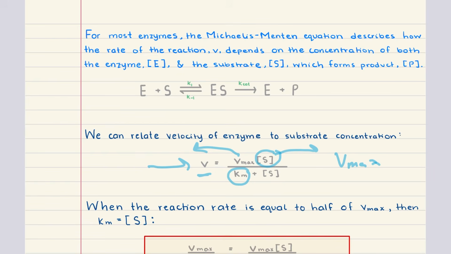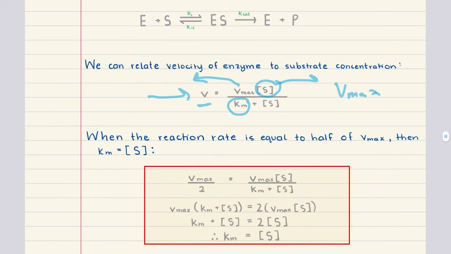Now, one of the most important concepts from this equation is Km. Km is defined as the substrate concentration at which the reaction rate is equal to half of Vmax. So if you graph the reaction rate versus substrate concentration, Km is the x value where the enzyme is operating at 50% of its maximum speed.